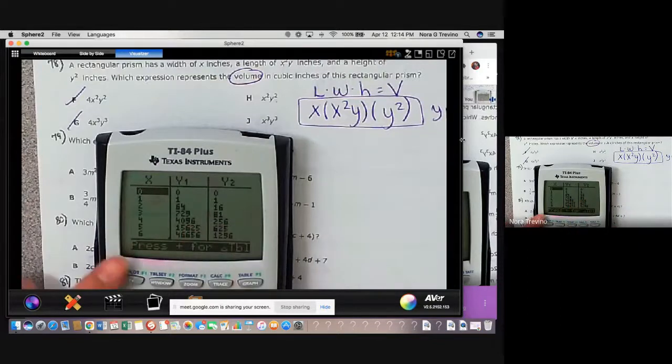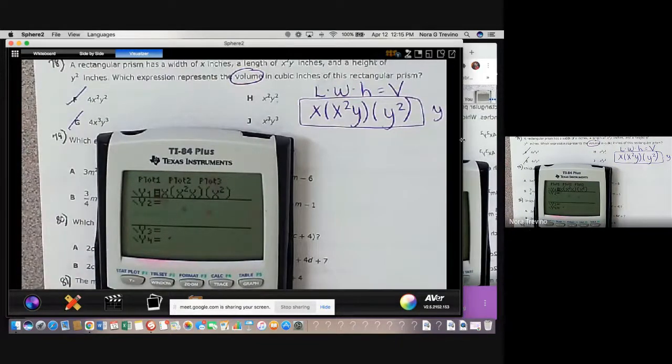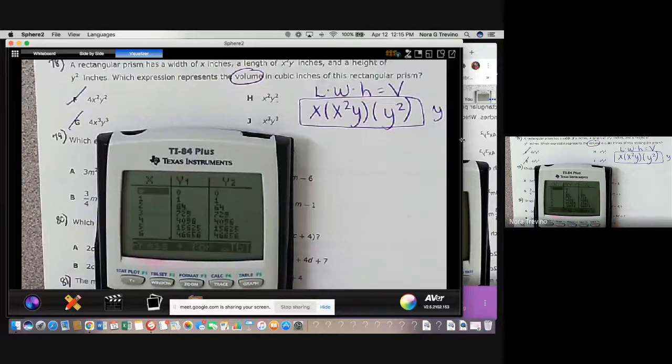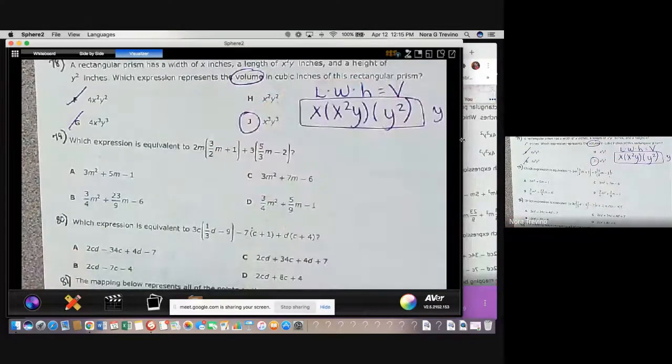No. Let me go to the last one. Hopefully that one's it. If not, I probably did something wrong over here. X cube, x cube. There it is. Matching. So my answer is J.